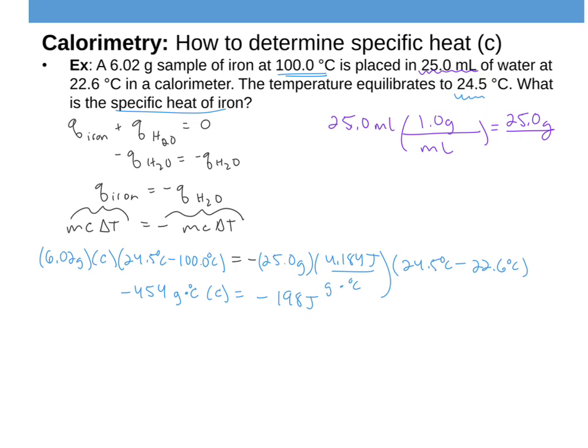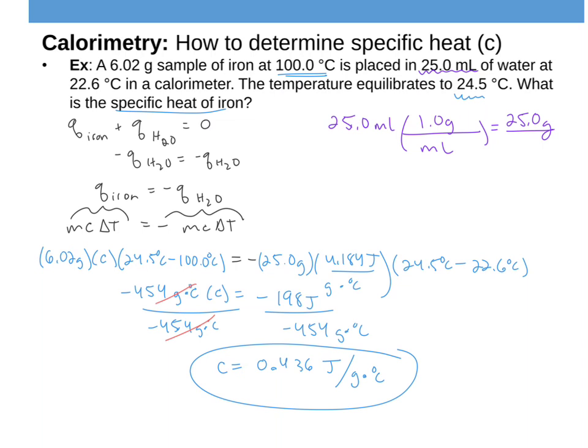Again, I'm trying to solve for the specific heat, so I'm going to divide both sides by 454 gram degrees Celsius, whatever that unit is. So those cancel. And then that's going to leave me as my specific heat equals 0.436 joules per gram degrees Celsius. And that would be the specific heat of iron.